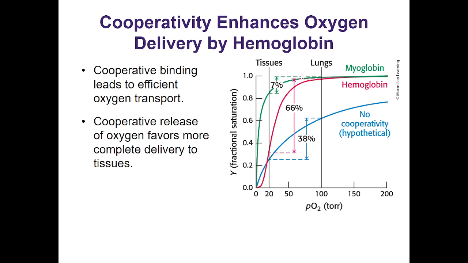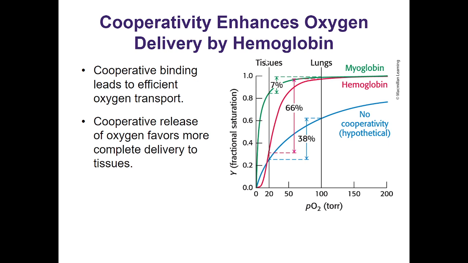And so what we get here is this would be the PO2, the partial pressure of the oxygen in the tissues. Right here is the partial pressure of the oxygen in lungs. See, the oxygen in lungs is about 5 times that of tissues.